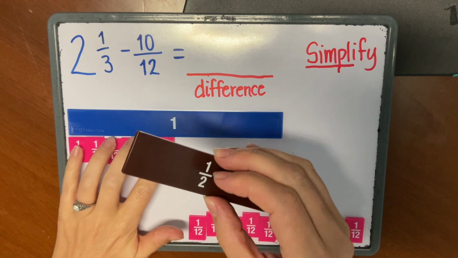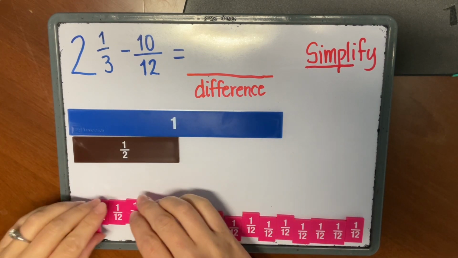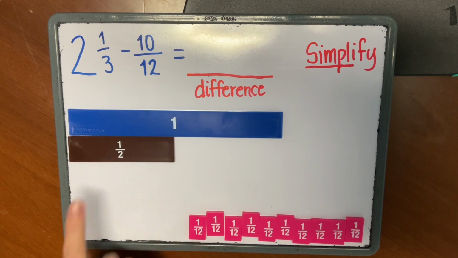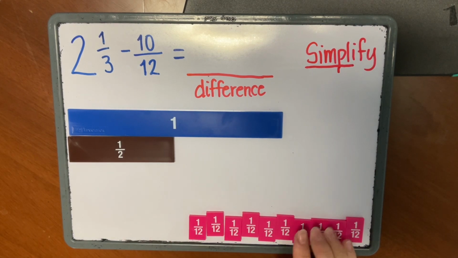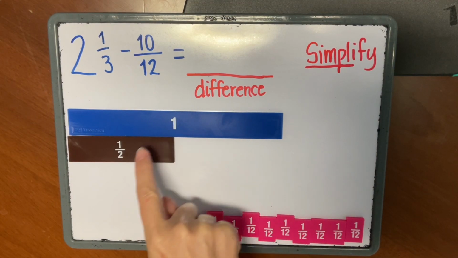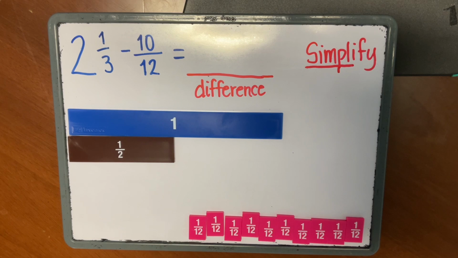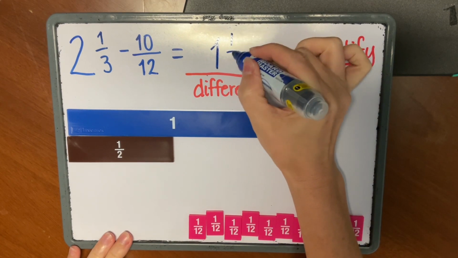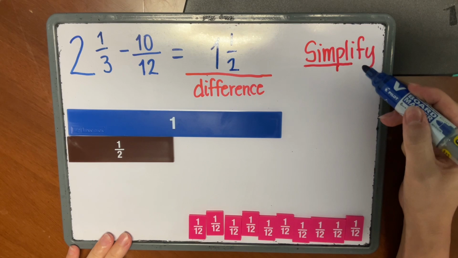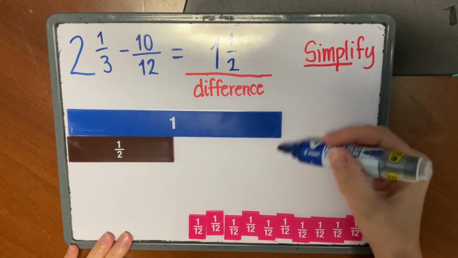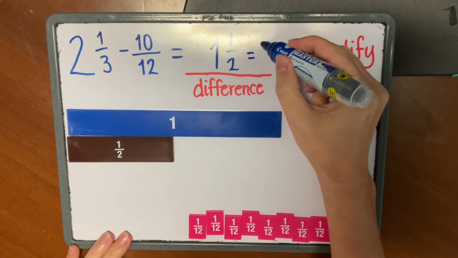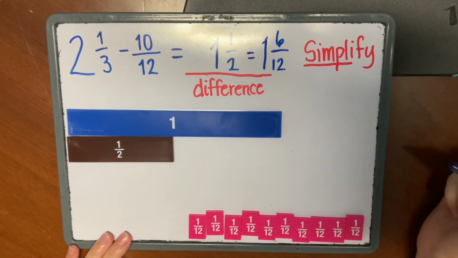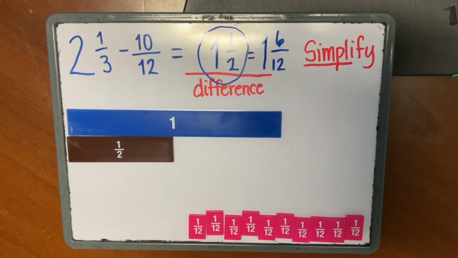So the simplest version is to trade out those 12ths for a half. I took away 10 12ths and I have left 1 and 1/2. So today our difference is 1 and 1/2 in the simplest form. When I traded out, I could say it is equivalent to 1 and 6 12ths, but the simplest form is 1 1/2.